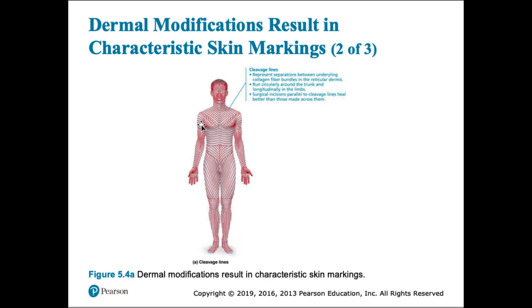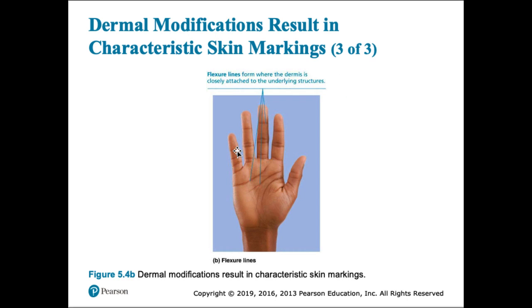They run circularly around the trunk and longitudinally on the limbs. Surgical incisions parallel to these cleavage lines heal better. So when you have a surgery, the doctor is going to try to cut the skin parallel to those cleavage lines so that it heals better and with less scarring as well.